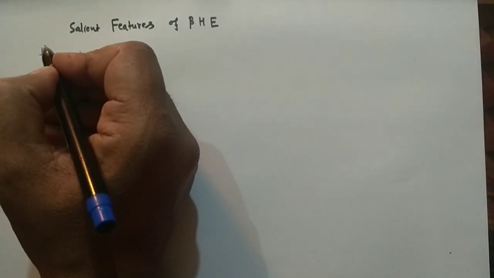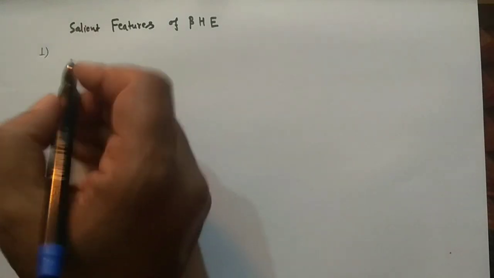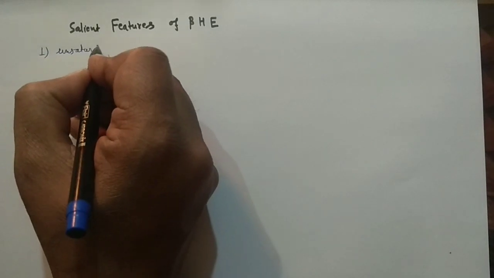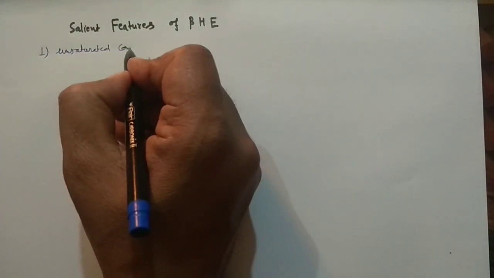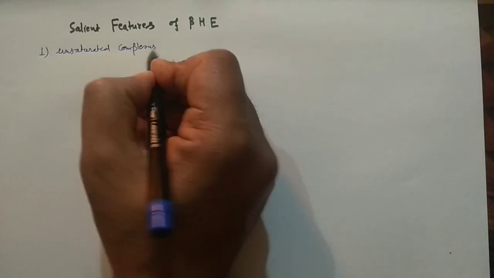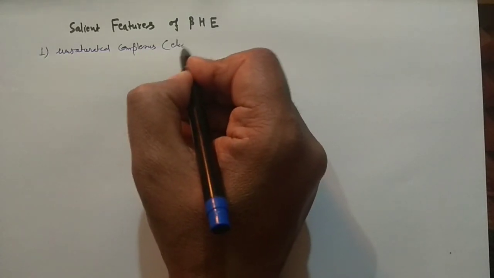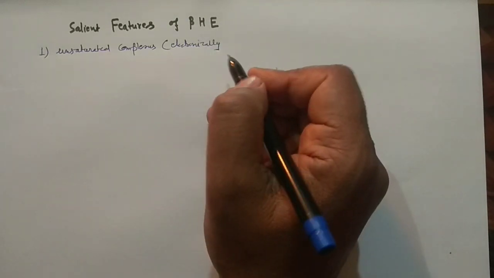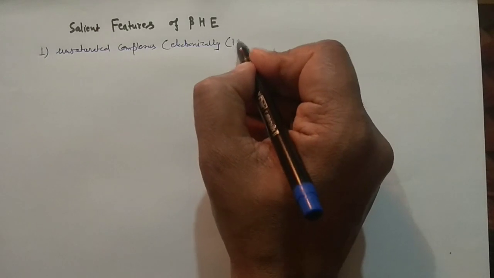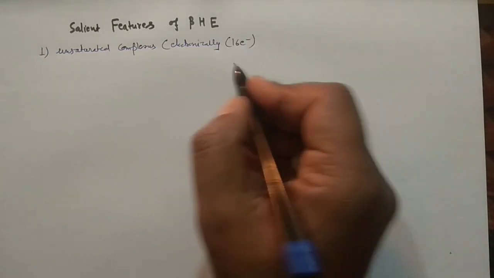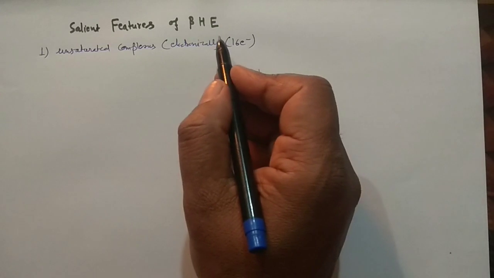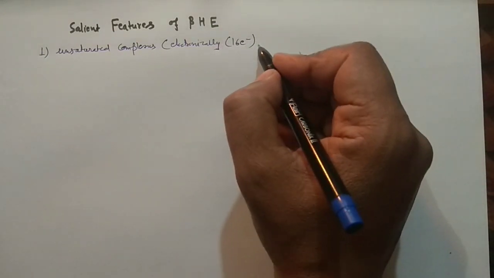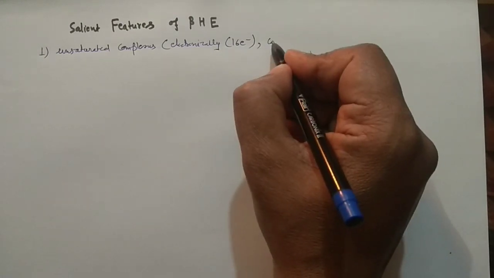The complexes which are electronically as well as coordinatively unsaturated are necessary, right? Electronically unsaturated. So what is the meaning of electronically unsaturated? 16 electron complexes will generally give the beta hydride elimination reaction, and of course they must also be coordinatively unsaturated.